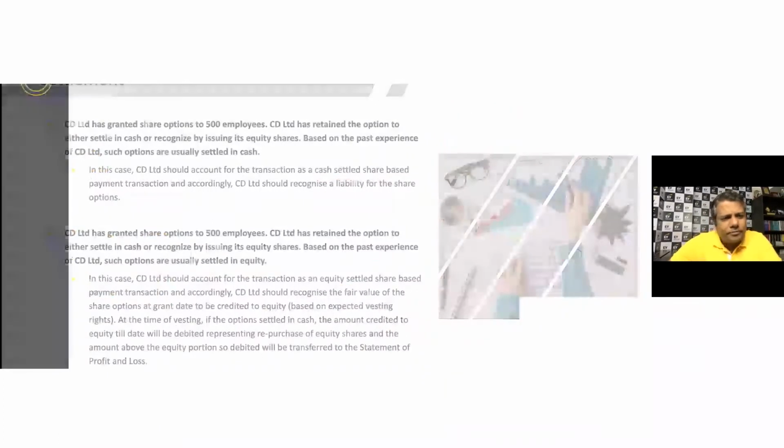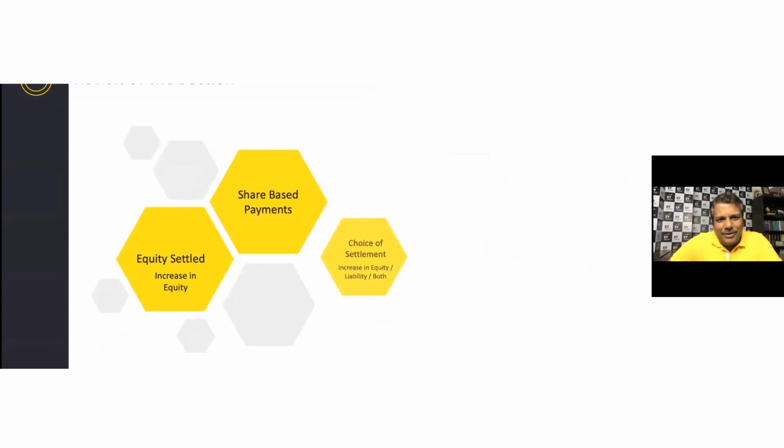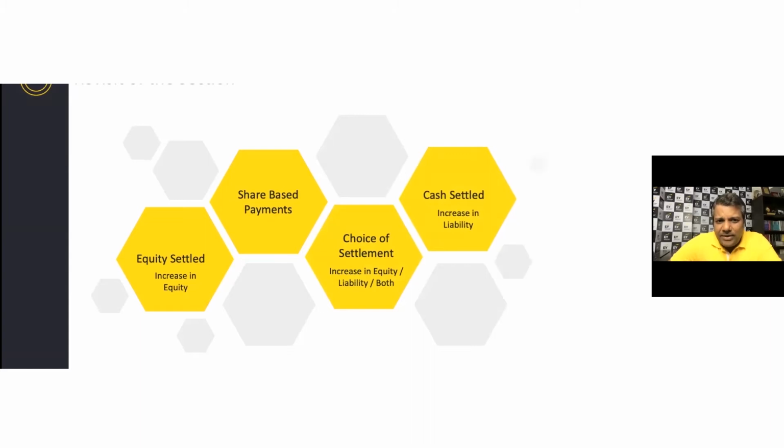All right, we will quickly summarize what we've talked about. Equity settled results in an increase in equity. If there is a choice of settlement, depending upon whether it lies with the issuer or with the counterparty, the accounting is going to be different. Similarly, if it is cash settled, that results in an increase in liability.